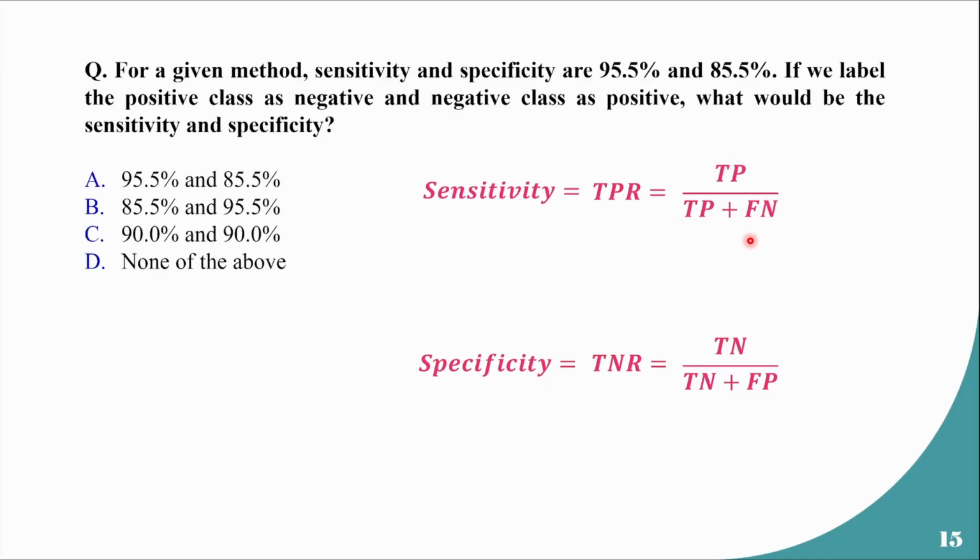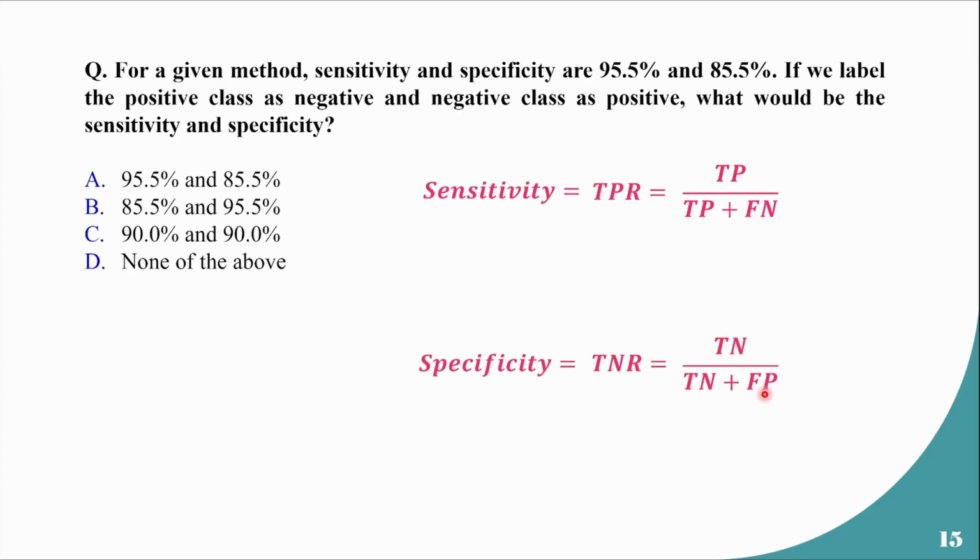So essentially, whatever you calculated as the sensitivity value earlier, if you go by the new label, will be true negative divided by true negative plus false positive. Now, if you compare that with specificity, the original formula for specificity was just that, right? True negative divided by true negative plus false positive.